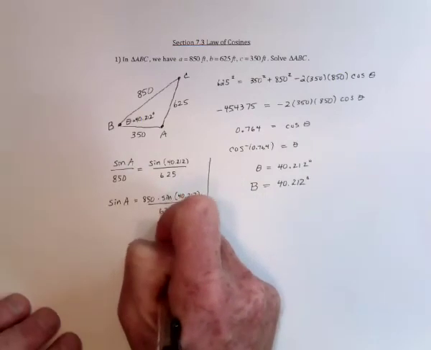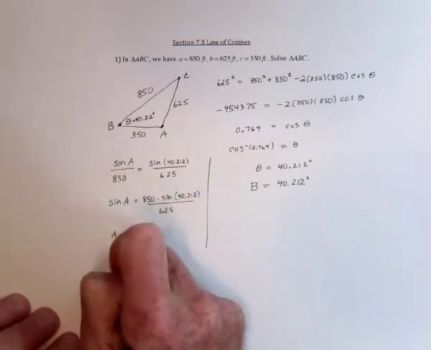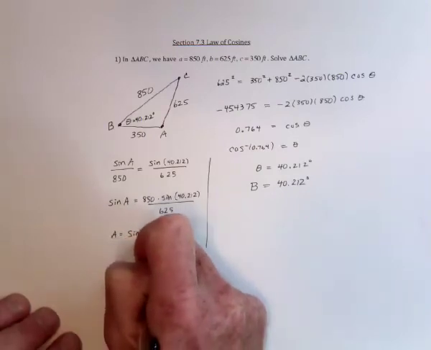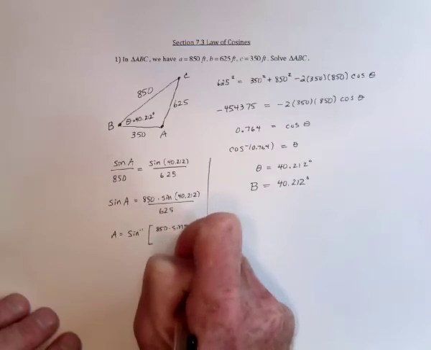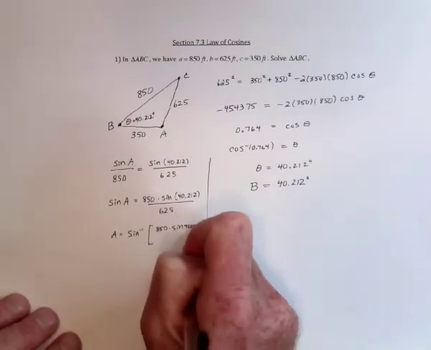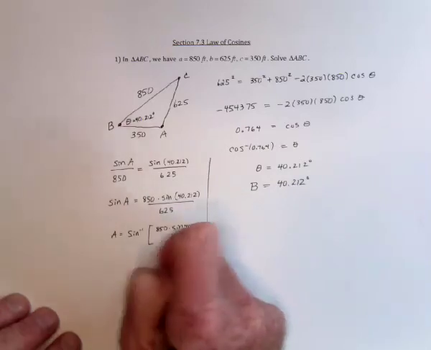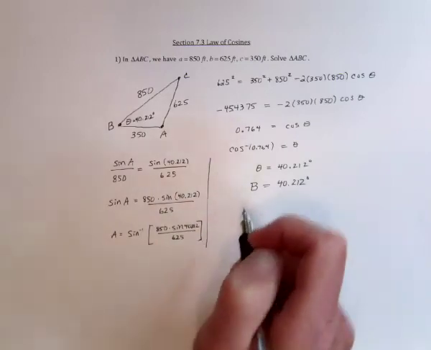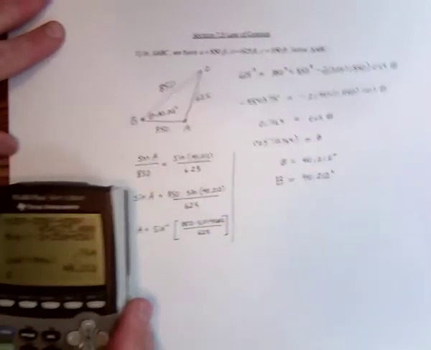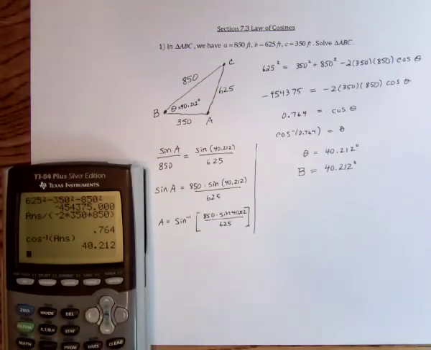And after that, take sine inverse. So sine inverse of the 850 sine of 40.212, which got divided by 625.